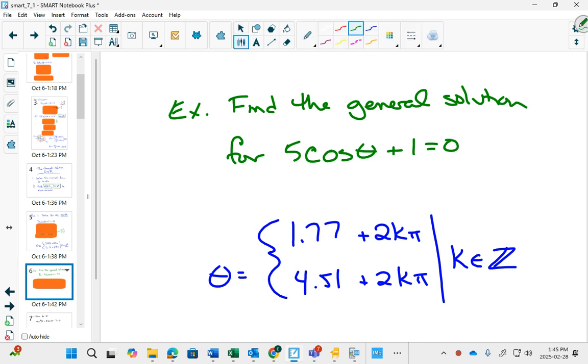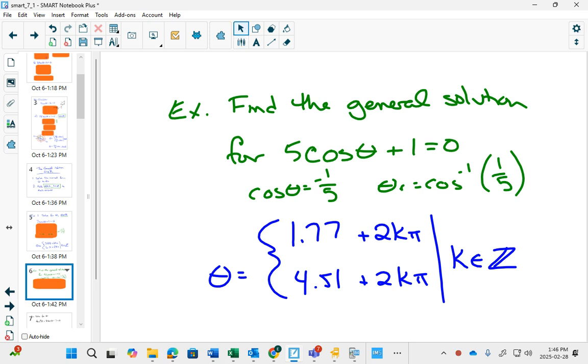Because you would get cos theta equals negative 1/5, but for your reference angle, you have to do cos inverse of positive 1/5. If you do cos inverse of negative 1/5, you actually get the 1.77, which makes you think you're on the right track. But then this answer is completely wrong. So this is why it's very important that we do the inverse of the positive value.